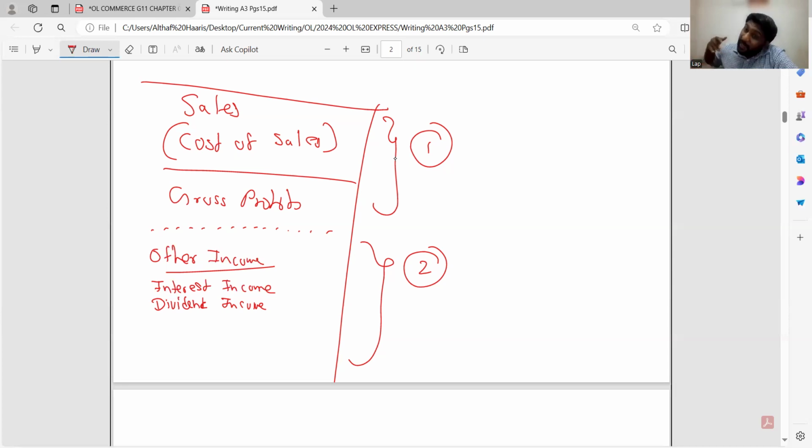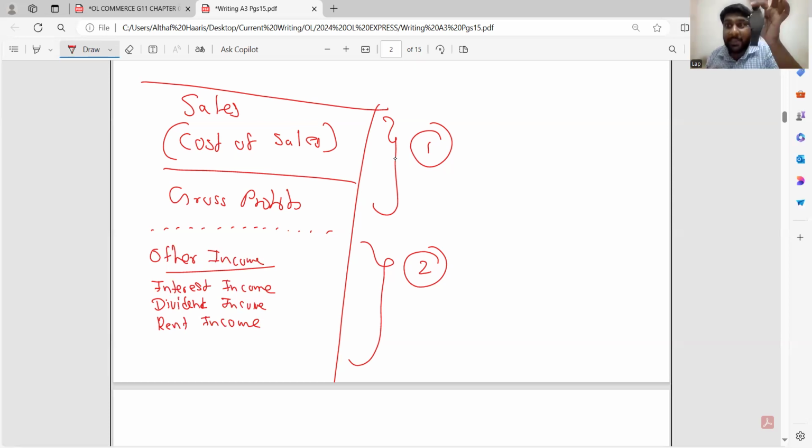I will give that building for rent to someone else. I will get some rent income. Likewise, a lot of other income will be there in businesses. Whatever the other incomes, not the watch selling main income.